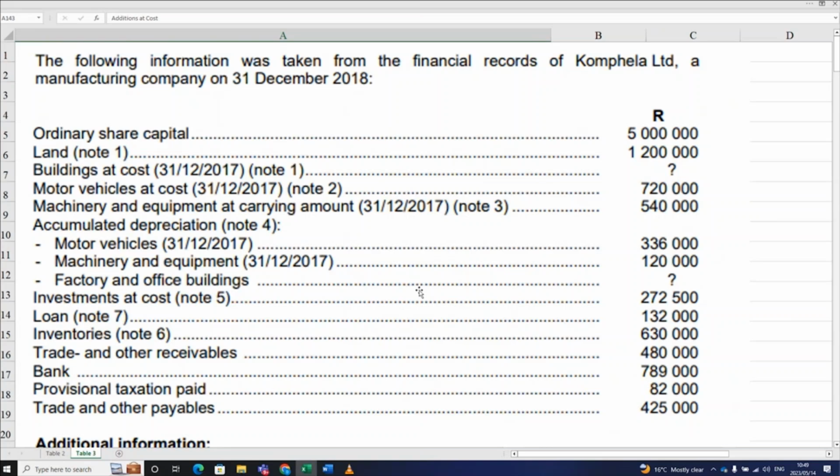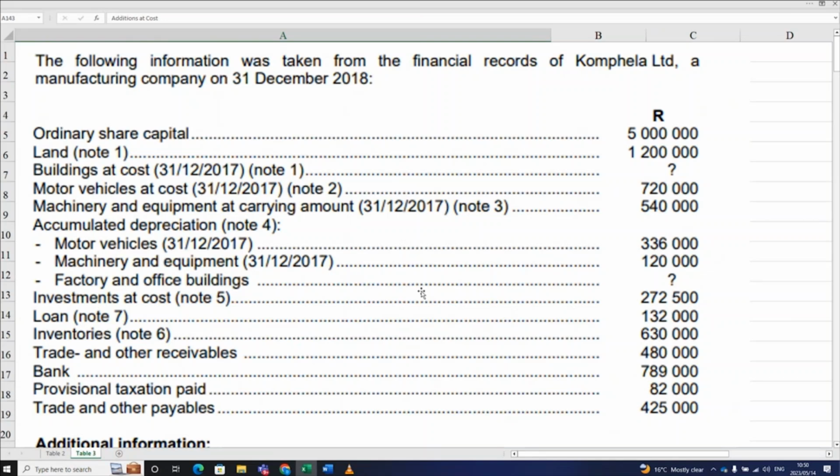But because they're only asking for the asset section, you know that your trade and other payables and liabilities will not be included. Okay, very important to know that.